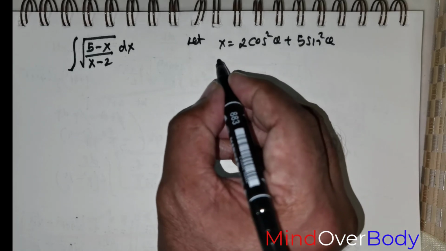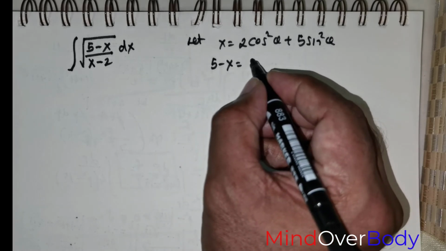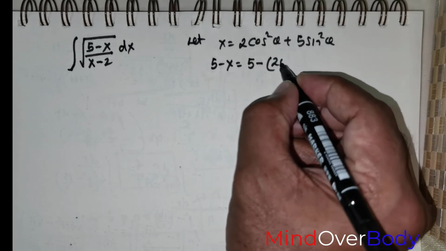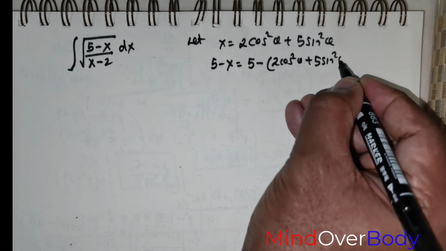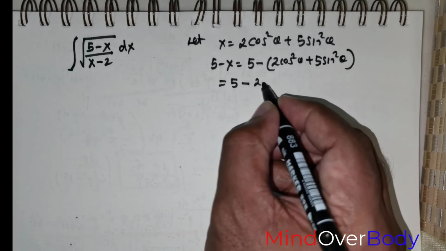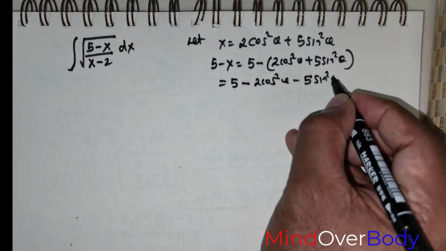So this would mean 5 minus x would be rewritten as 5 minus, in place of x I will be substituting 2 times cos square theta plus 5 times sin square theta. This can be rewritten as 5 minus 2 times cos square theta minus 5 times sin square theta.